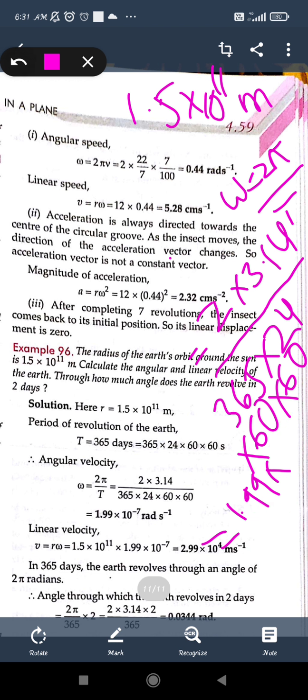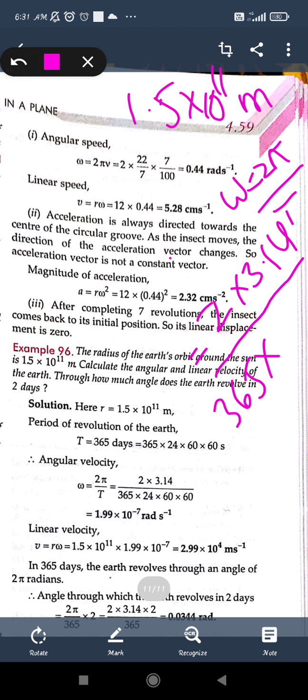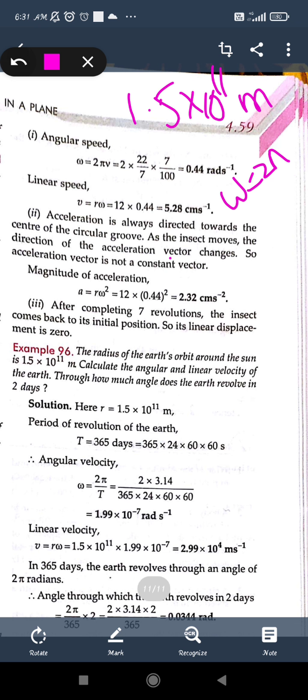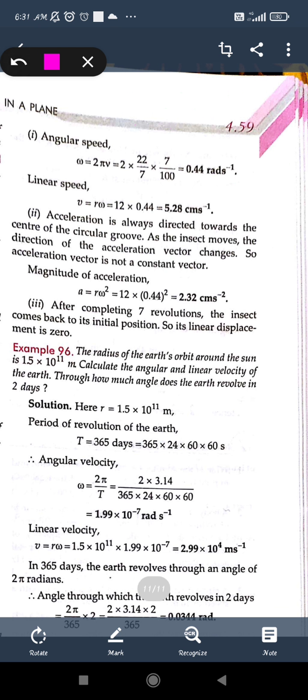To find the linear velocity, again v is equal to omega r, and by putting the value of omega as well as the radius of the earth's orbit, we will find the value of v. And again it is asked, at what angle does the earth revolve? For the angle, we find theta, which is equal to 2 pi, as it continuously moves around the sun. So let the angle be 2 pi.